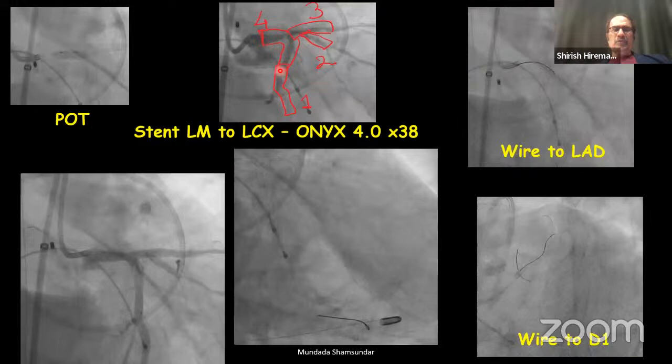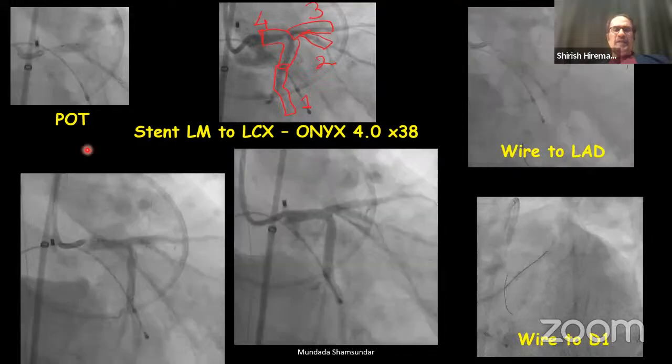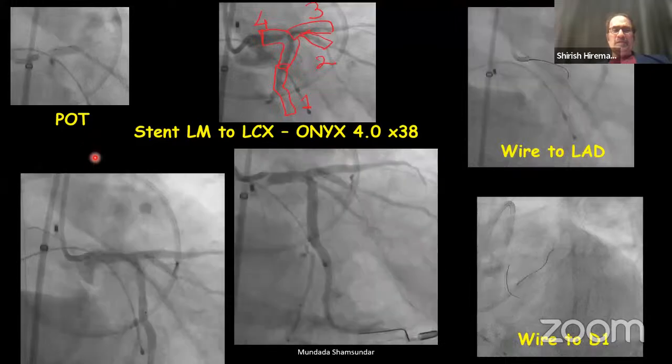Once stents were in place, we did this part with a 4.5 balloon, as this stent is 4 into 38 but the proximal balloon could be bigger, 4.5, and then we could wire the LAD and also wire the diagonal.